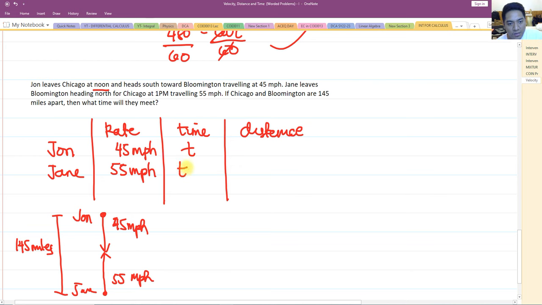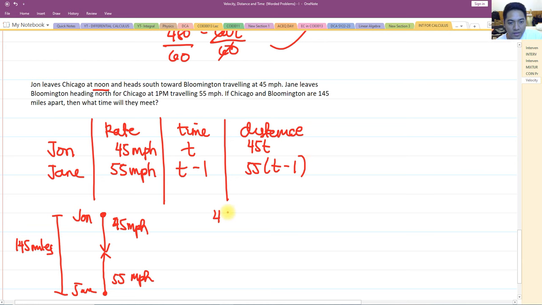So this means that would be t minus 1. And of course, let's get the distance. That would be 45t and then 55 times t minus 1, and they are 145 miles apart.